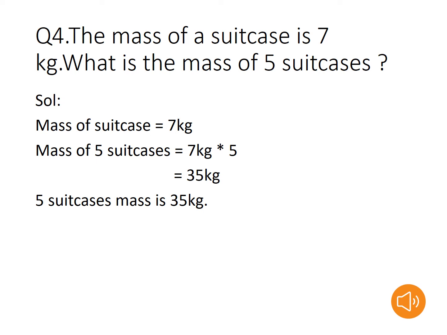If one suitcase weighs 7 kg, then for 5 suitcases we are going to multiply. The second statement will be mass of 5 suitcases is equal to 7 kg multiplied by 5, which is equal to 35. So the mass of 5 suitcases is 35 kg.